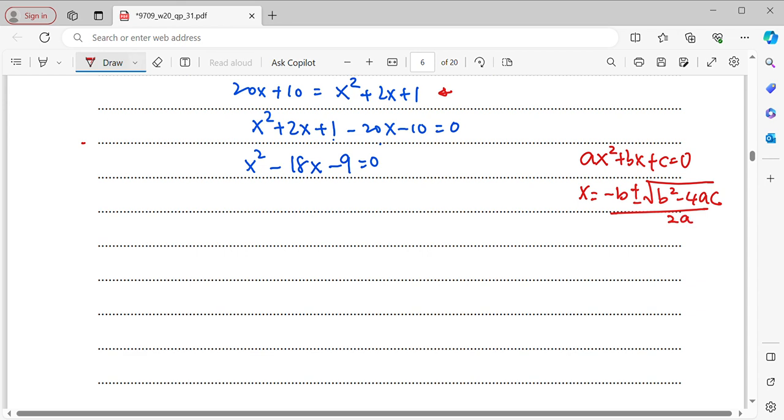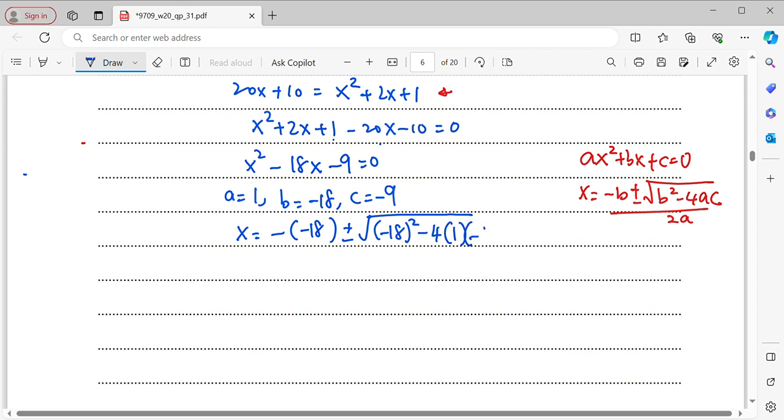Then when I list down the values of all the coefficients, my a is 1 because 1x squared, b is negative 18, c is minus 9. Then my x is going to be minus b, so minus minus 18, plus minus square root of b squared, so minus 18 squared, minus 4, a is 1, c is minus 9, then over 2a, a is 1.